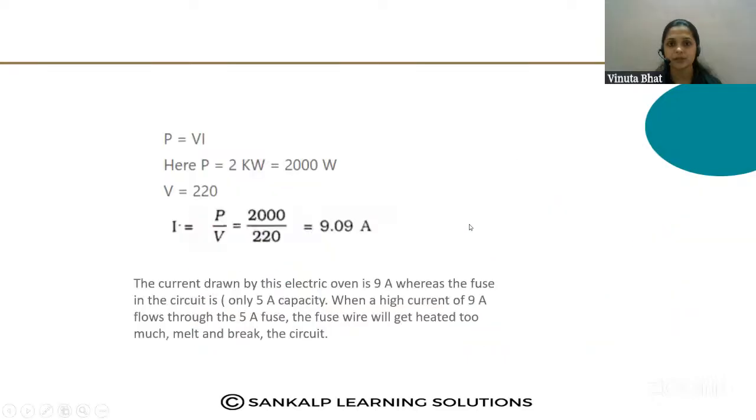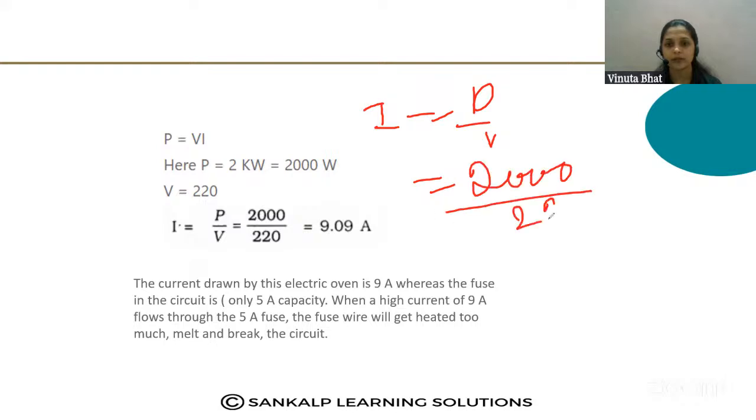P is equal to VI, where P is 2000 watt and V is 220, so I is equal to P by V, which is 2000 divided by 220, around 9.09 ampere.